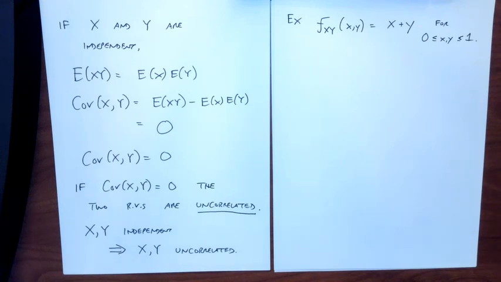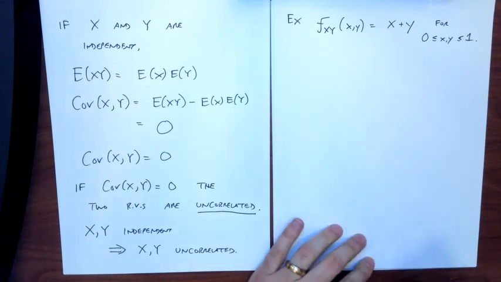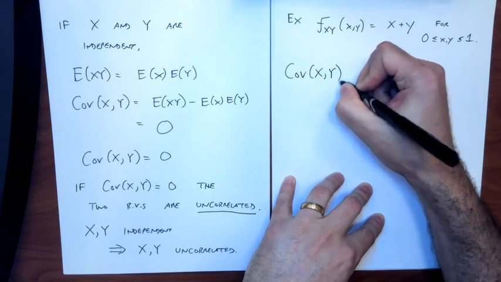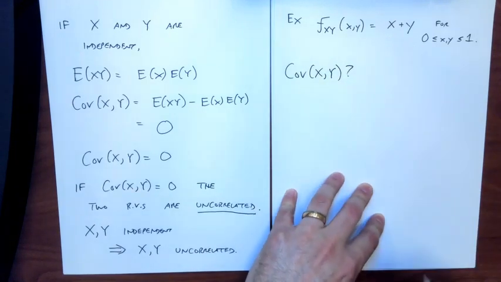So you would need to take my word for it. In the first place, this is even a valid PDF, right? Because it's not totally obvious that this integrates to 1, but suffice it to say that it actually does. Okay, so this is my joint PDF. And now I can say, what is the covariance of x and y? Typical kind of homework problem, okay?